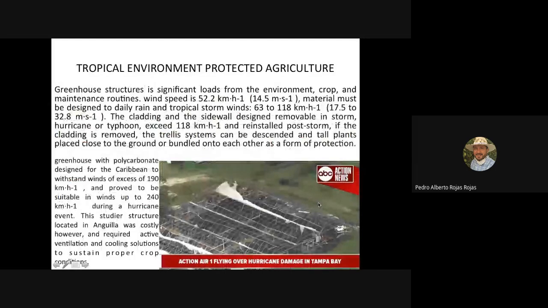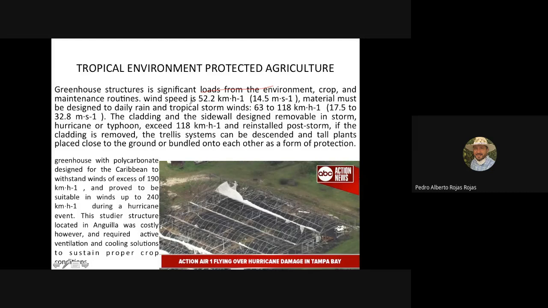And talking about the tropical environment, we must have structures that carry a significant load from the environment, because the crop has its own load, and also the people giving maintenance have their own load.